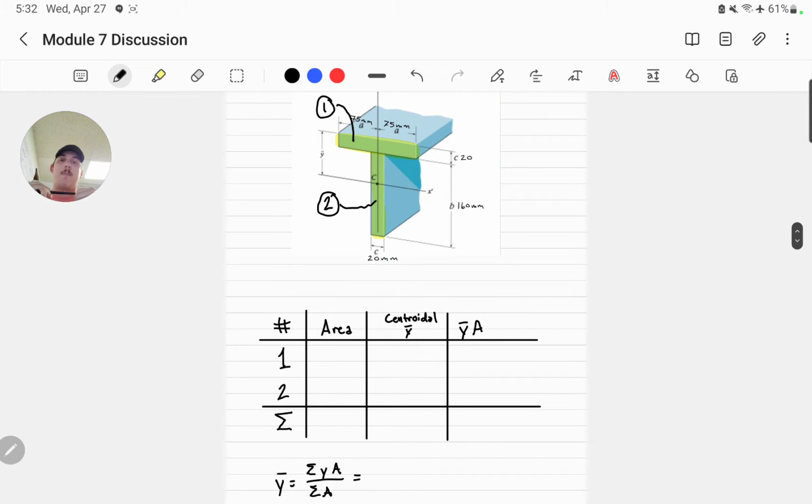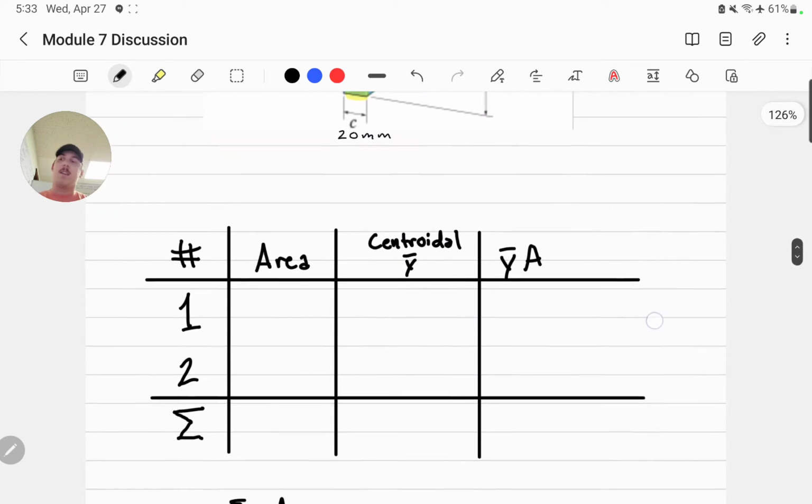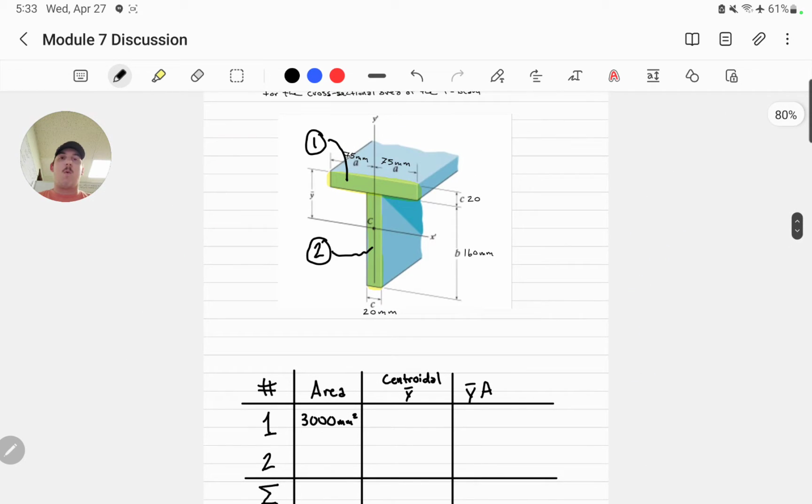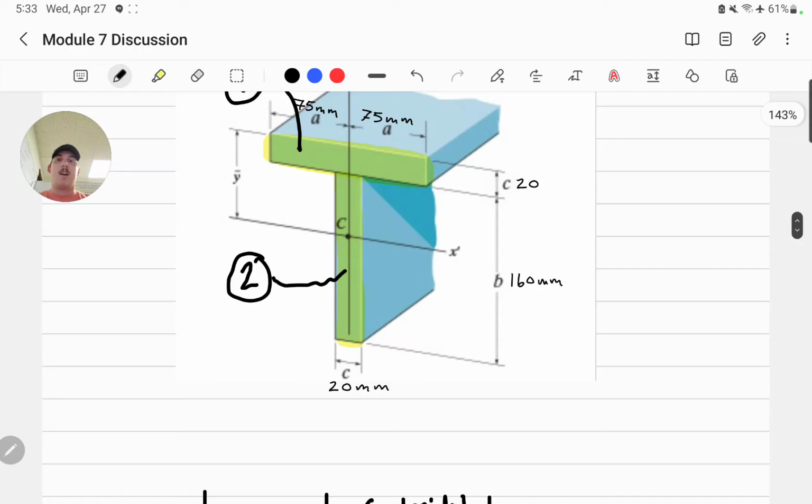So area for Part 1, which is the horizontal rectangle, is pretty straightforward. It's going to be 20 millimeters times 150. So 20 times 150 gives me, for area 1, 3,000 millimeters squared. My centroid for area 1, along the y-axis, is simple.